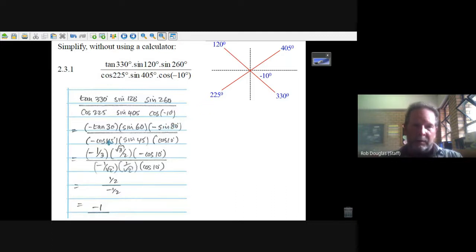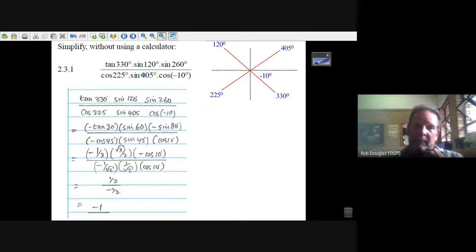Okay, let's take a look at this one, the cosine of 225. We go all the way around to where 225 is. It's gone 45 degrees past 180. That makes the reference angle 45 degrees. But is cosine negative there? Yes, it is. Cosine's negative in the third quadrant. That's why it's minus the cosine of 45 degrees.